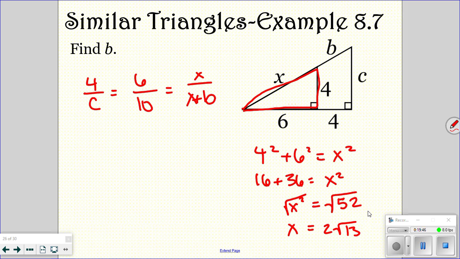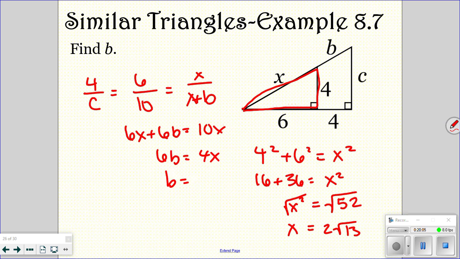So using Pythagorean theorem, we can find x. Now, I actually don't like to plug it in here because it just makes it a little bit more worky. So if you cross multiply, you get 6x plus 6b equals 10x, and then 6b equals 4x, and b equals 4x over 6, which is 2x over 3.